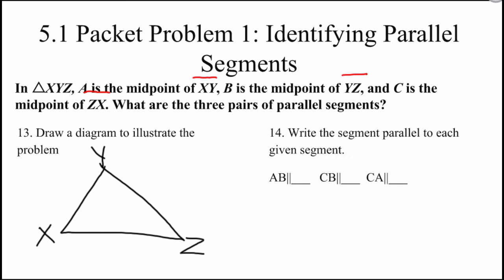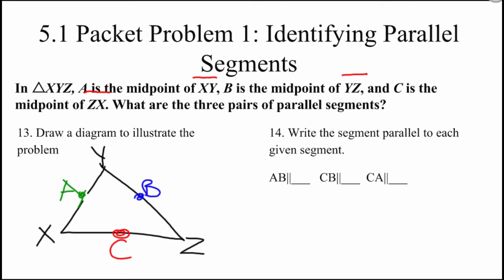So we have A is the midpoint of XY. So XY right here is A. Let's send it down. And we have B is the midpoint of YZ. And C is the midpoint of ZX.